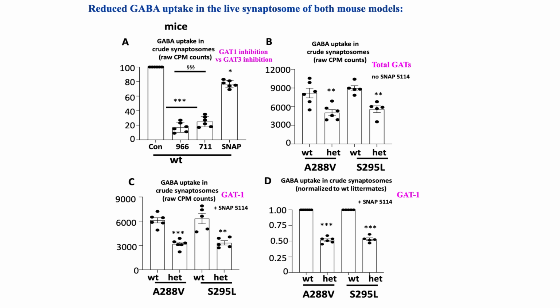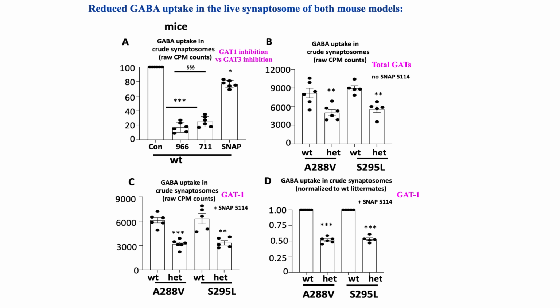We also use SNAP 5114, specifically blocking GAT3. So we get the idea that if you block GAT1, you have a huge reduction. But if you block GAT3, you have a smaller reduction, but more significant. So this suggests that in a forebrain, major contributions are made from GAT1.